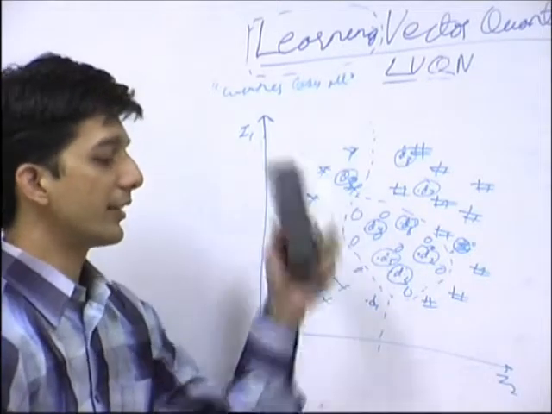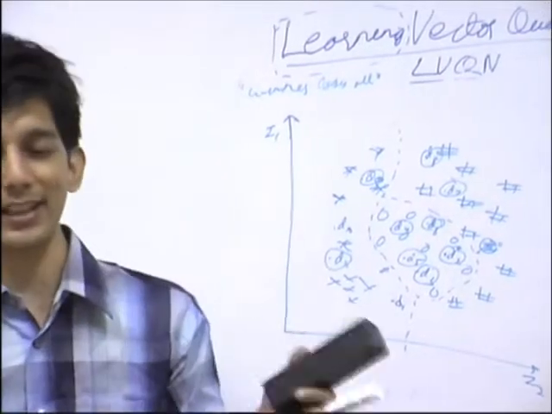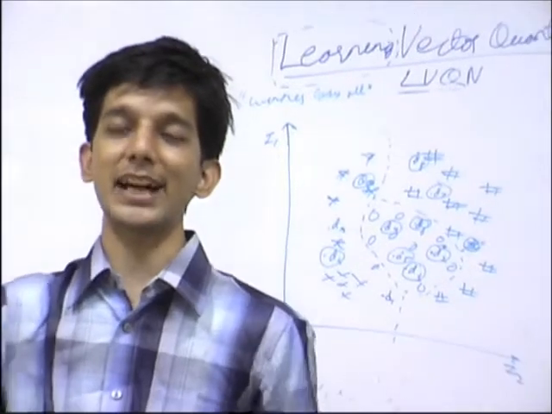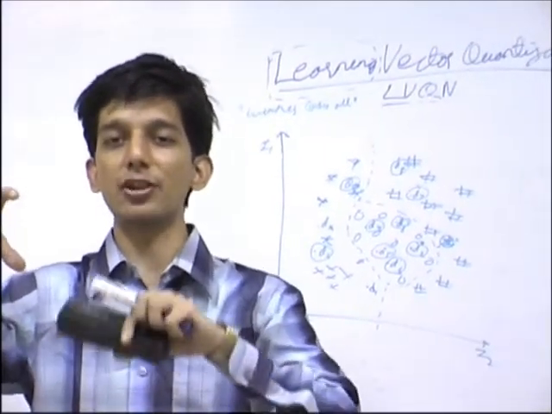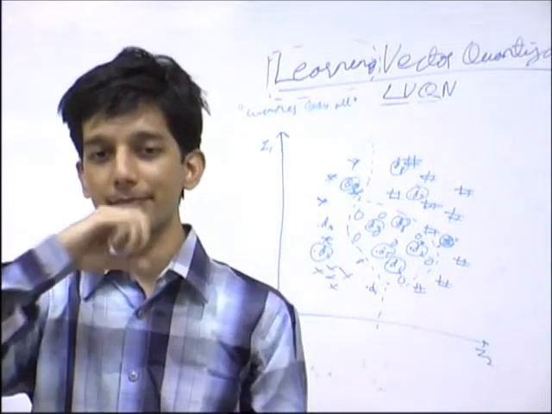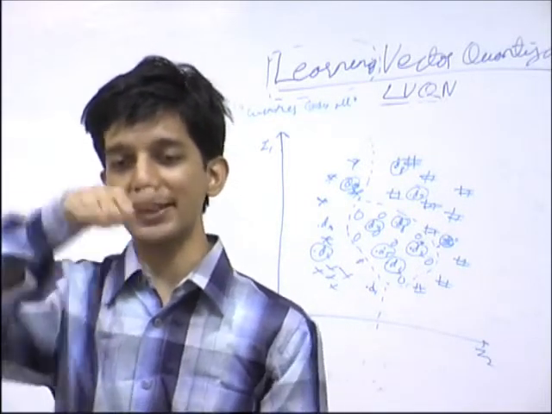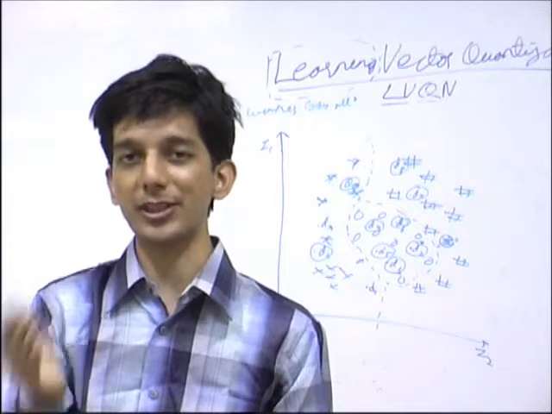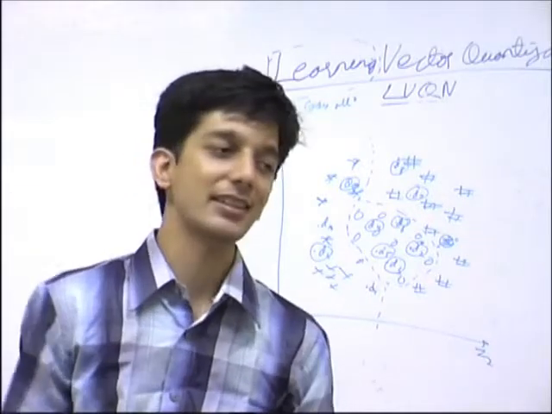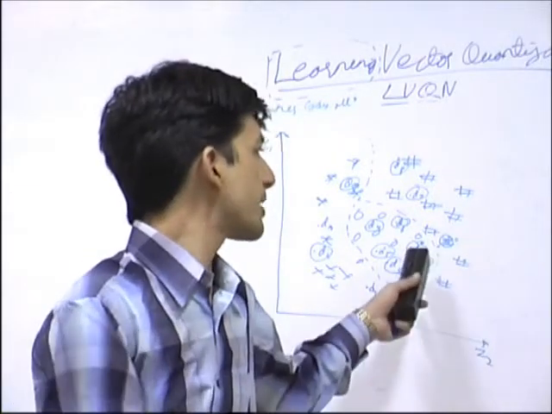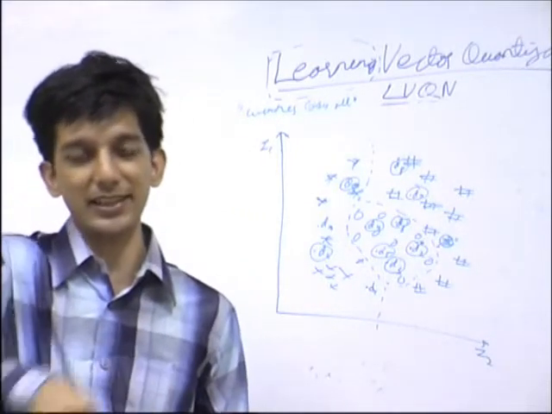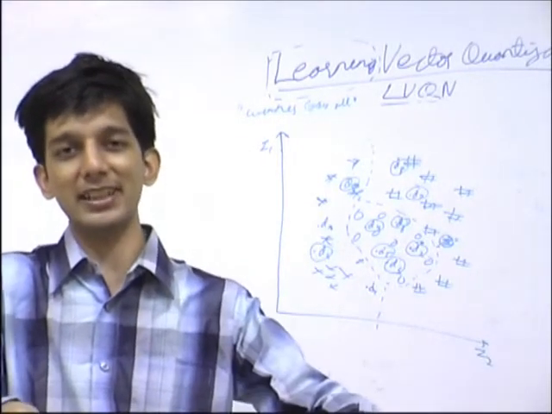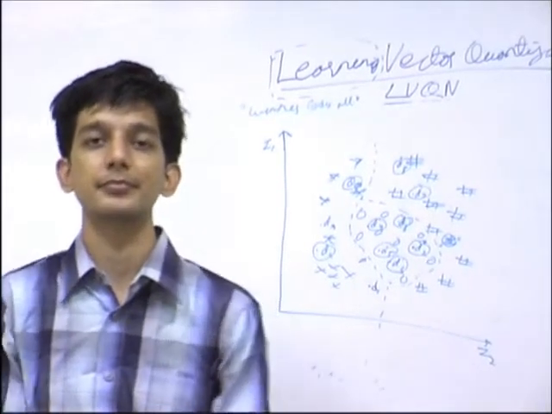Now in RBFN, in a curve fitting approach, we were saying that the output is affected by multiple data centers to varying degrees. And it was important because we needed to capture trends, we needed to capture all these kinds of lines. Here the problem is much more localized in nature, where you are only seeing your immediate neighbor and you are saying that whatever my neighbor is, I am exactly the same.